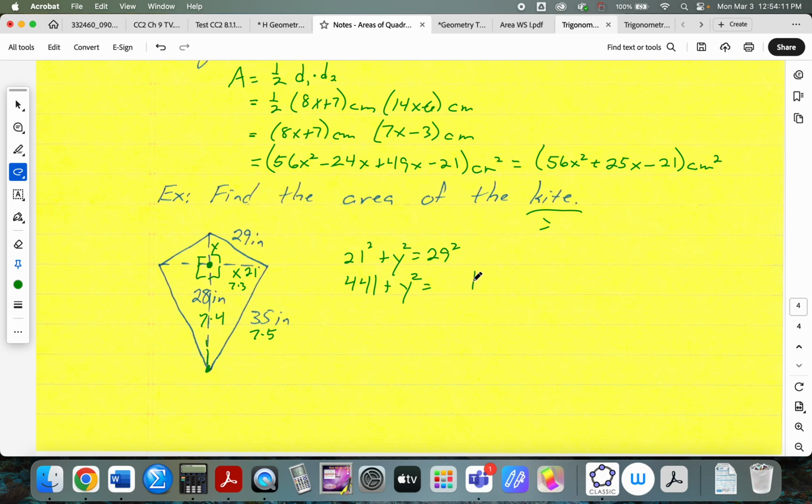It ends in a 1, but that's all I remember. 841. Oh, isn't that nice? Because when you subtract, you get y squared is 400. So y is 20.